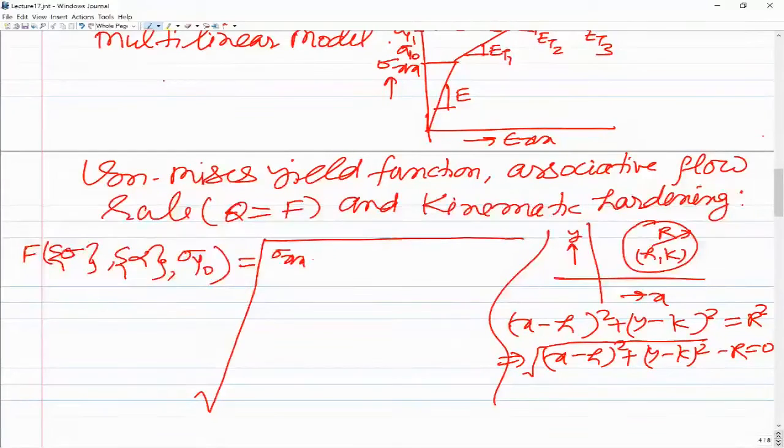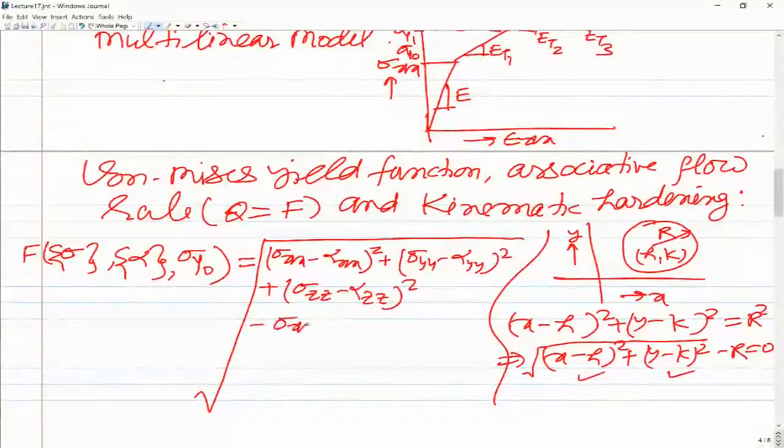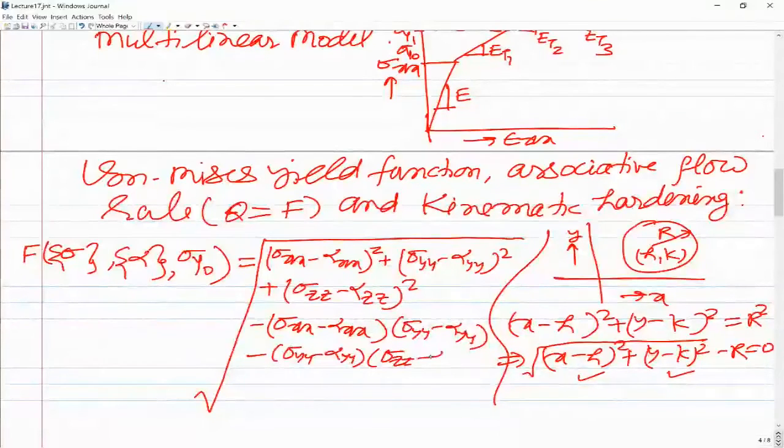So you have sigma xx. Similar to the equation we wrote for the circle, the same thing is here: sigma xx minus alpha xx whole square plus sigma yy minus alpha yy whole square plus sigma zz minus alpha zz whole square, and then we have minus (sigma xx minus alpha xx) into (sigma yy minus alpha yy), minus (sigma yy minus alpha yy) into (sigma zz minus alpha zz), minus (sigma zz minus alpha zz) into (sigma xx minus alpha xx).